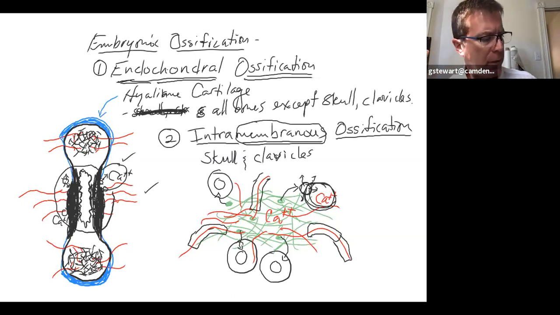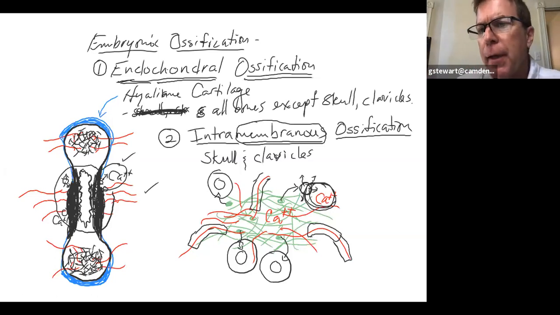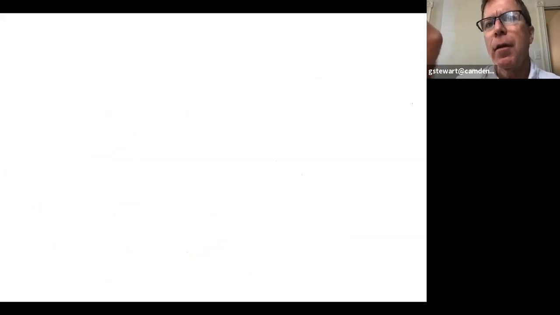But we need to get on to another topic, and that is, we talked about growth of a bone in length. That was the epiphyseal plate, growth plate discussion last time. Now we need to mention growth of a bone in width, which is termed appositional growth.